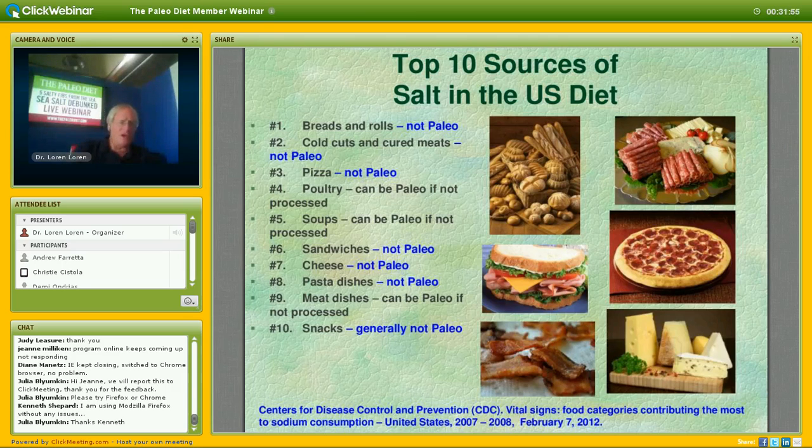I don't know that there's a whole lot of commercial brands that do this, but it's much better to make your own from scratch, and in all of my books we have recipes for paleo soups. Sandwiches are not paleo, but you can certainly make wraps with lettuce on the outside. Romaine is a great way to put meat together into a sandwich setting. Just make sure you don't put a ton of mustard and pickles and other high salt foods, including cheeses, on it.